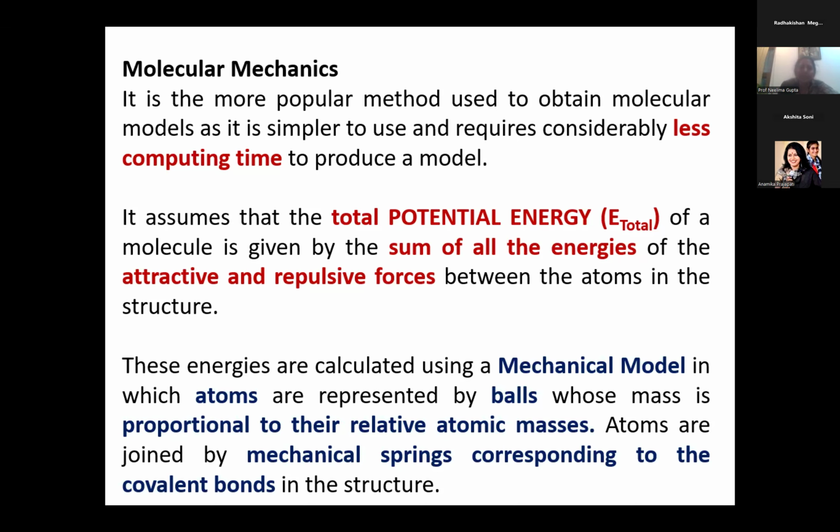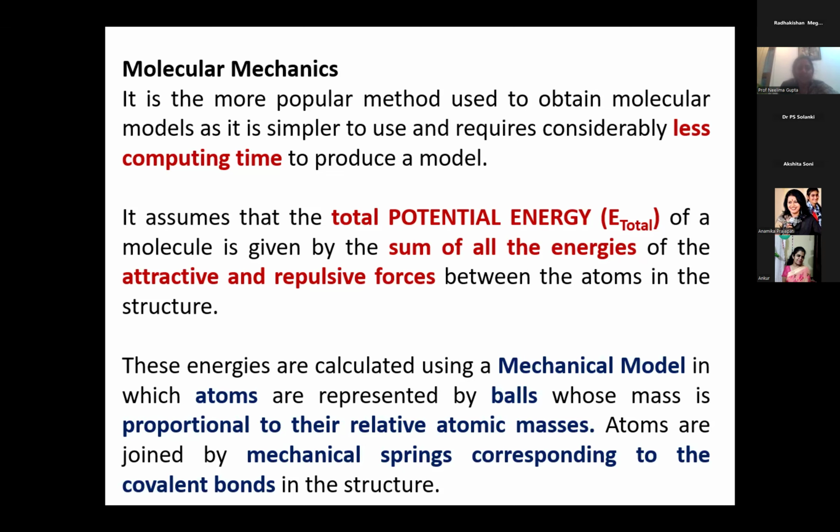All those experiments are normally based on the principles of molecular mechanics. In molecular mechanics, it is assumed that the total potential energy of a molecule is given by the sum of all the energies of the attractive and repulsive forces between the atoms in the structure.